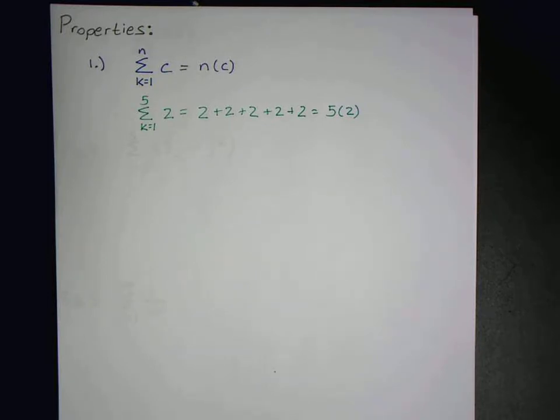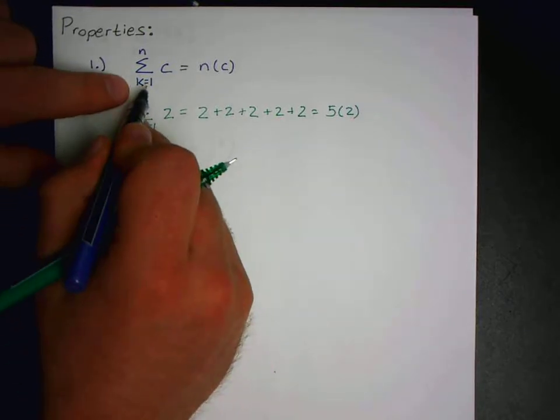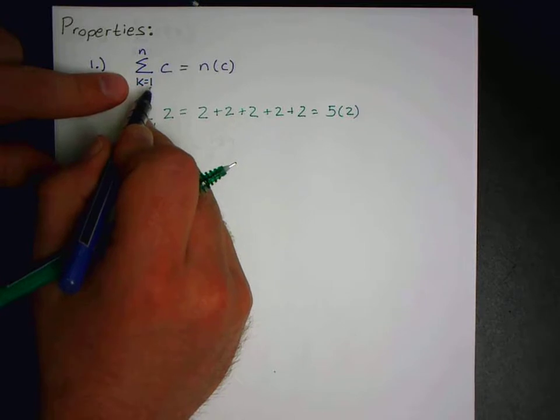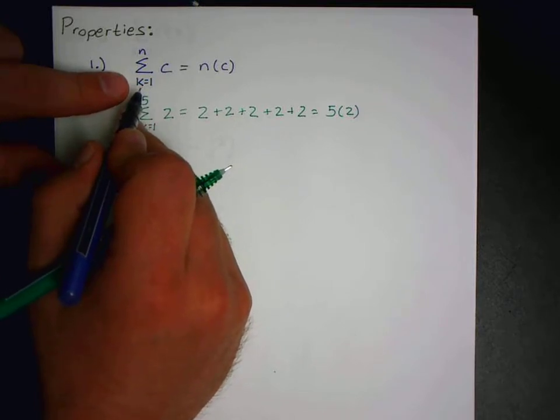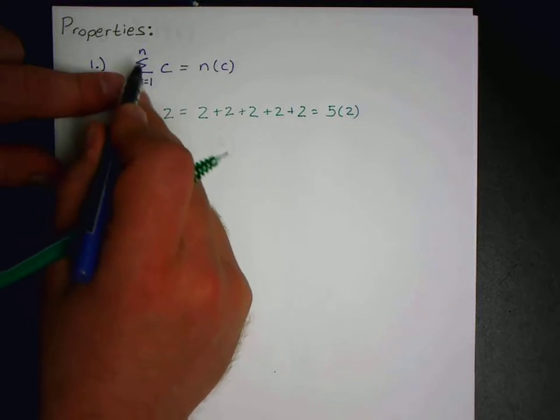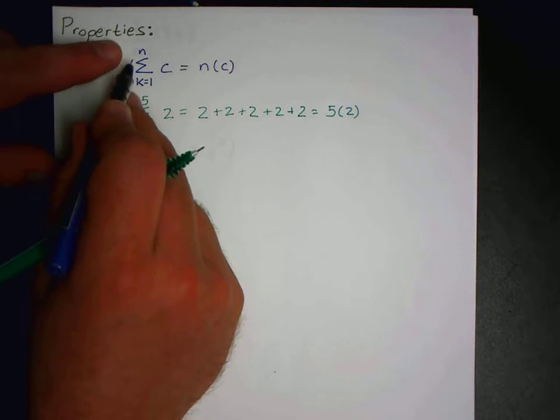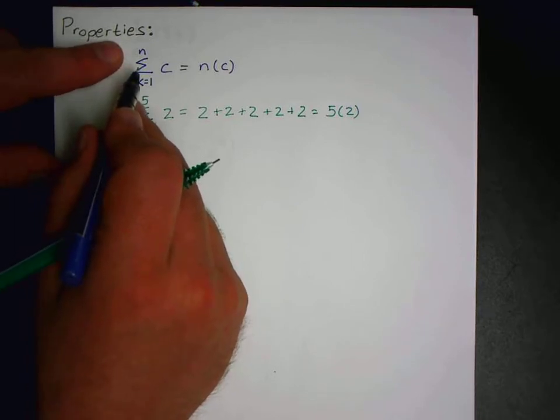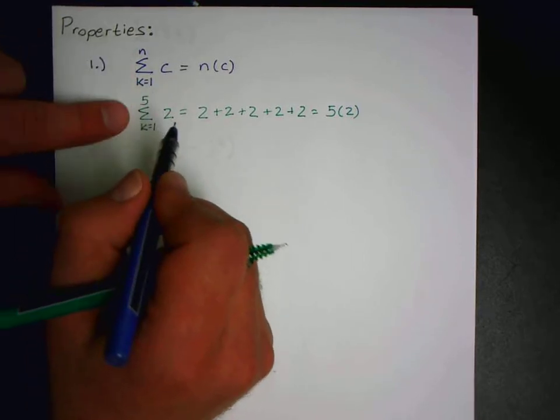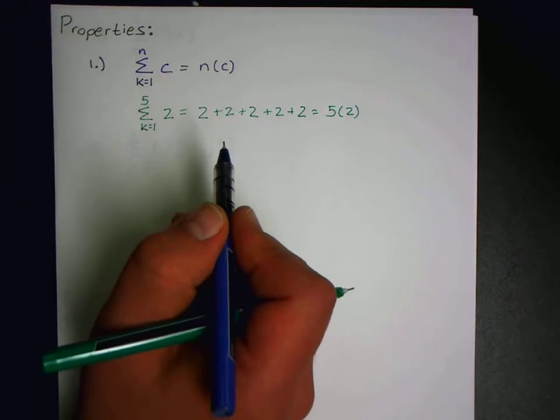Now, what you have to do is be careful with this. Notice that it has to start at 1. If it doesn't start at 1, you're going to have to use a little bit of thinking and figure out what is the distance of this. You can still use this rule. You have to just think through how many of these C's am I actually adding up.